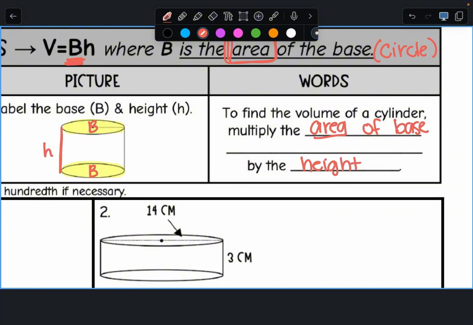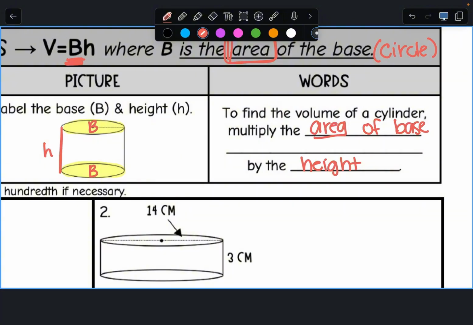Because your formula is base times height. But not just the bottom. To find the base, you first need to find big B. Okay? Everybody got that? All right.